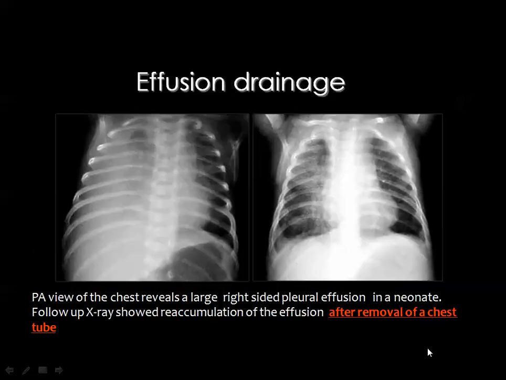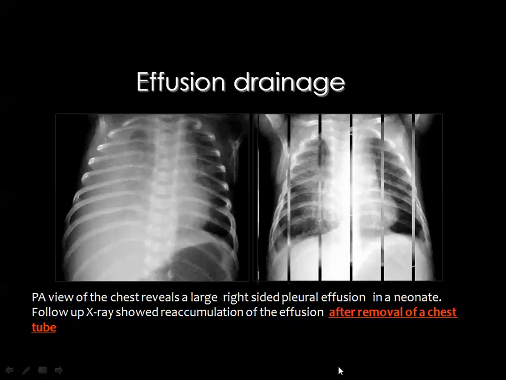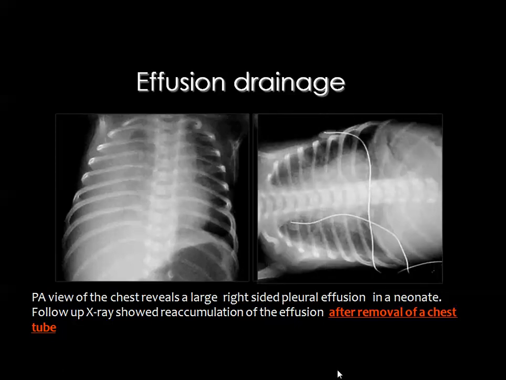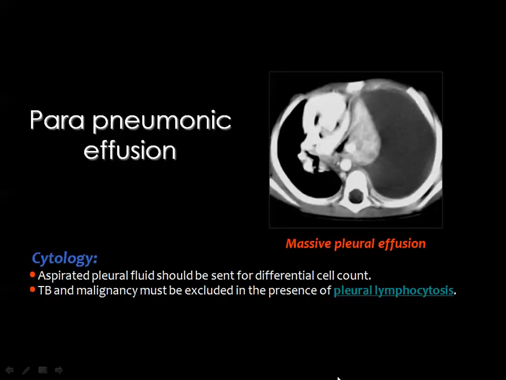And this is an example, and you see there is a large right-sided pleural effusion, and after insertion of the chest tube, there is almost total resolution of the effusion, but later on the effusion started to reaccumulate again.